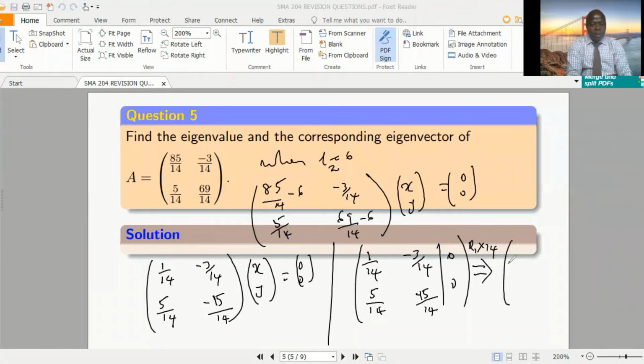This becomes 1, and this becomes negative 3. And this row 2 remains the way it is, 5 out of 14, and then negative 15 out of 14, 0, 0.